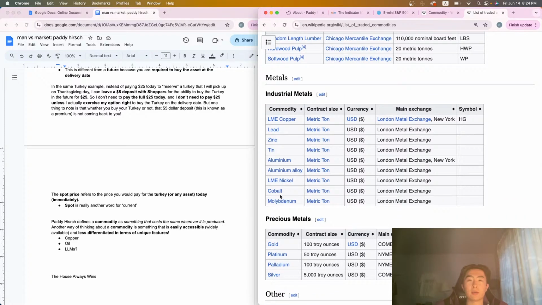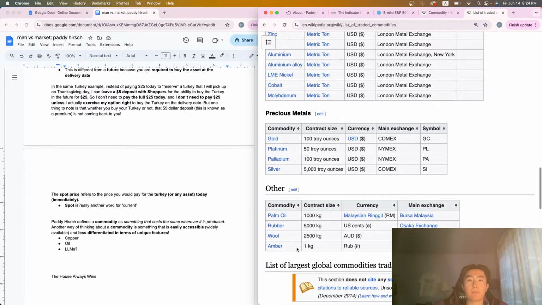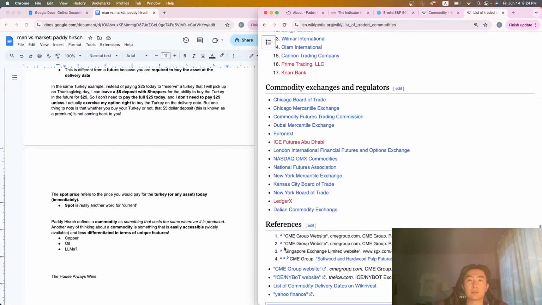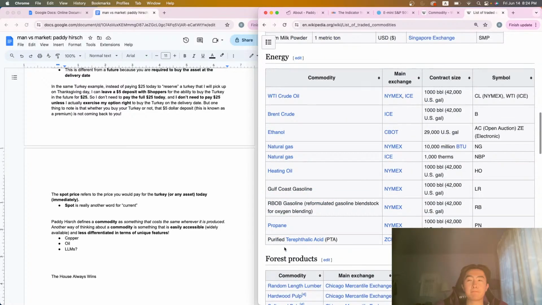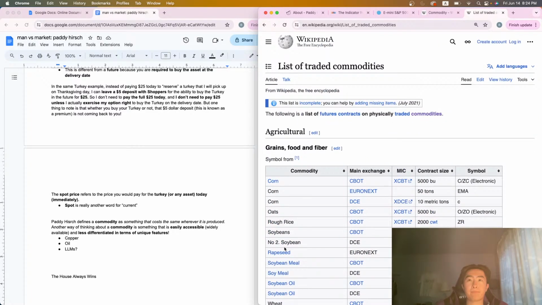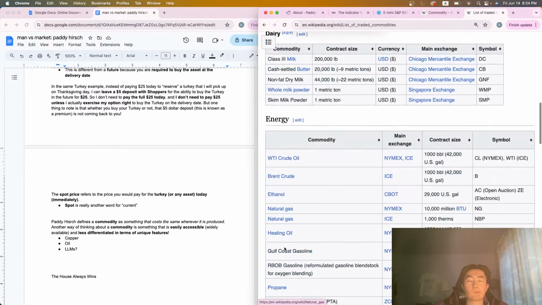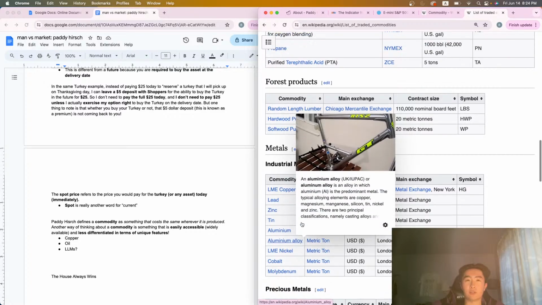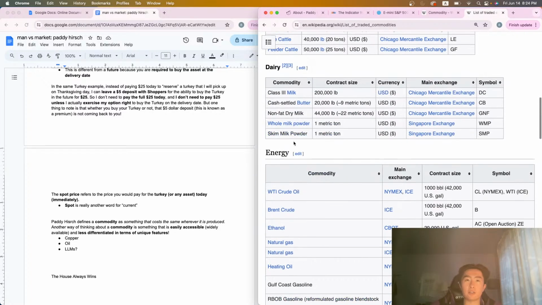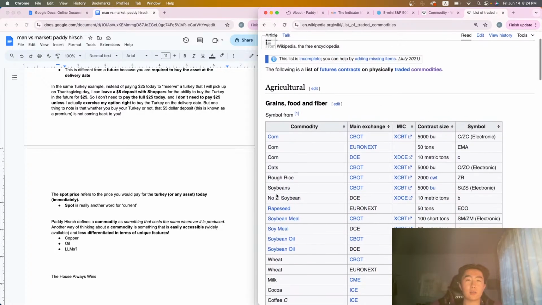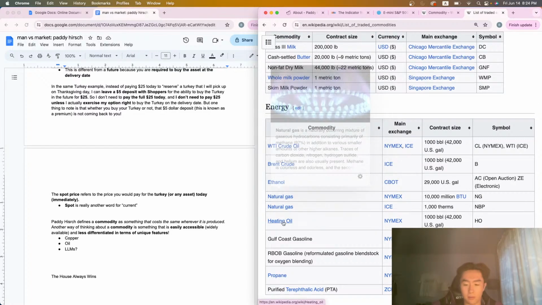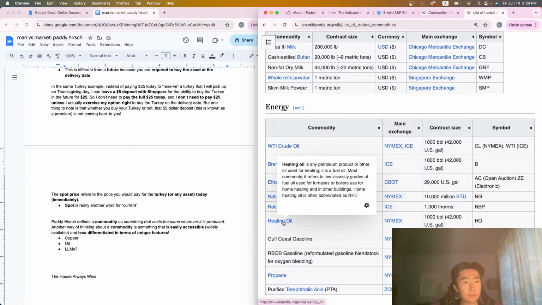Cobalt, interesting. Rubber, wow. Yeah, okay. So there are a lot of different types of commodities you can trade, from metals and energy all the way to food products. I guess agricultural is the broadest umbrella. So that's cool.